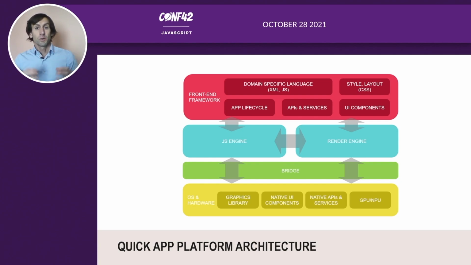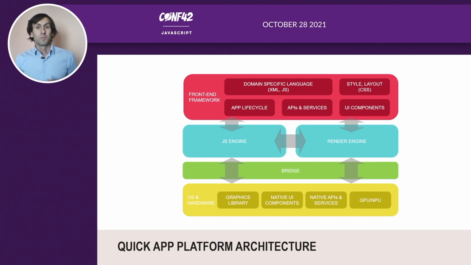In the center, we can see two main blocks, which are the most important ones in the quick app platform: the JavaScript engine, currently implemented on a V8 engine, so a very powerful JavaScript engine, and separately a render engine. So you can see two different engines that can help us provide more performance to the quick app at the end using the system we have.